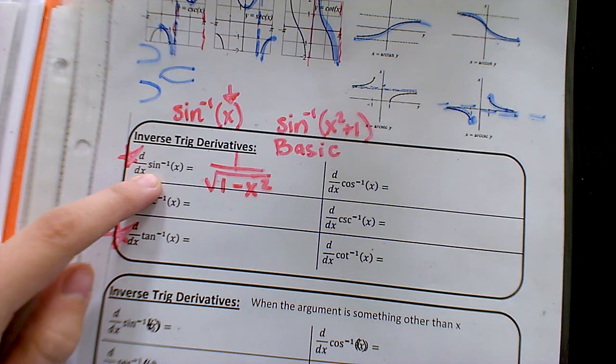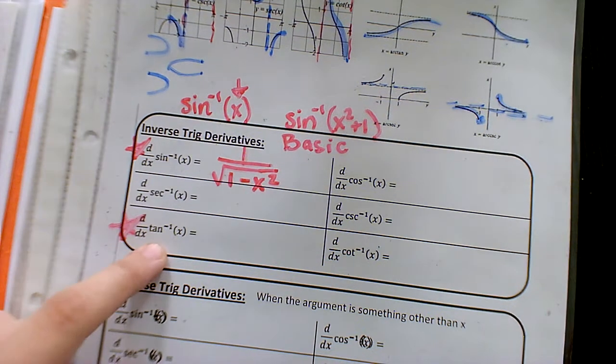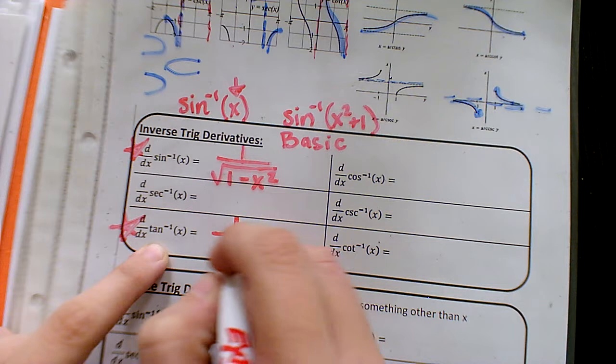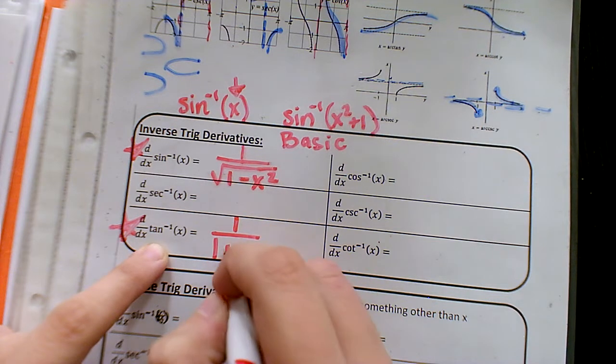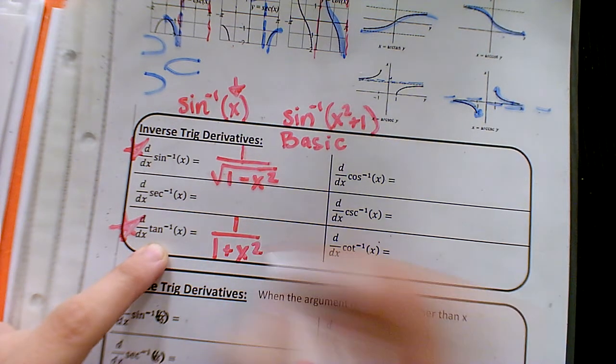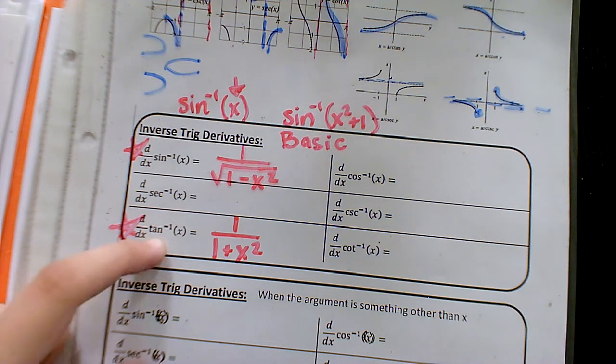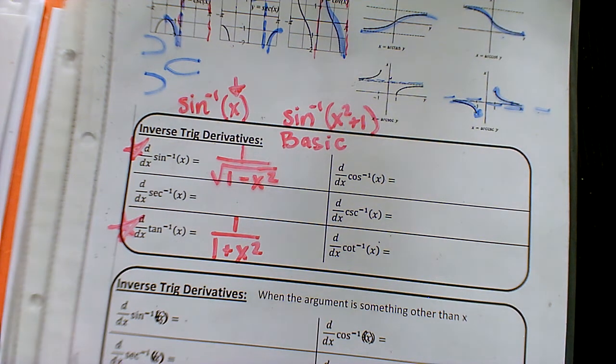Okay, we have to be familiar with that one. The shortcut for inverse tangent is 1 over 1 plus x squared. Okay, I'll put those in red because those are the ones we definitely have to know.